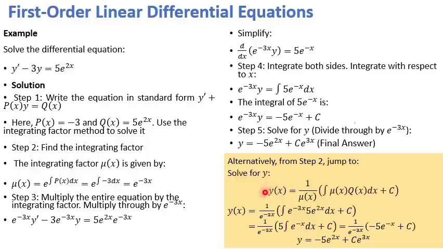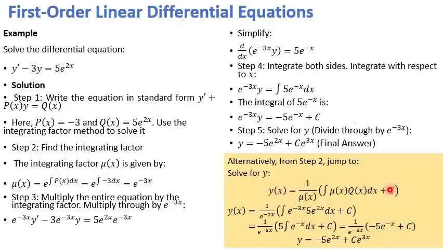As a basic rule, y of x, which is the solution to the differential equation, equals 1 all over the integrating factor, then open brackets, integral of the product of the integrating factor and q of x, dx, plus constant. So we integrate this, multiply with this, and that will give us the solution.